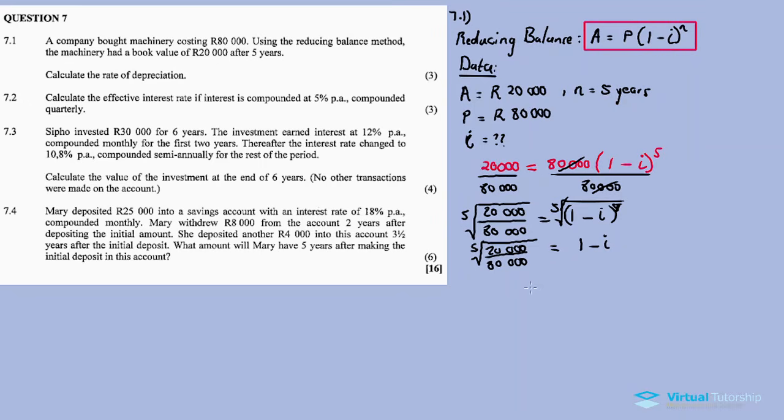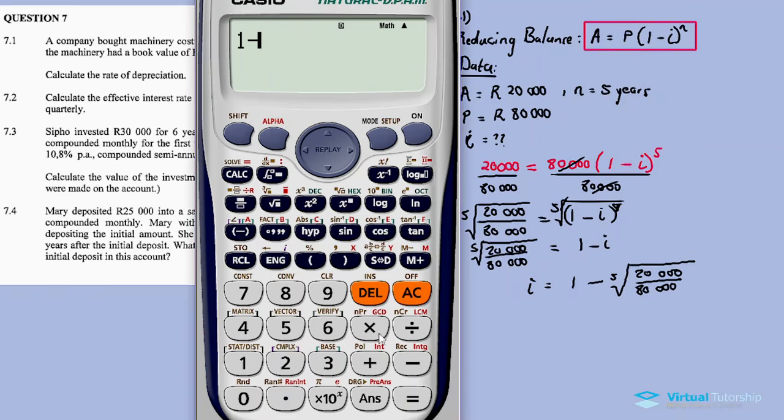Then i is equal to 1 minus the fifth root of 20,000 divided by 80,000. Let's calculate again.